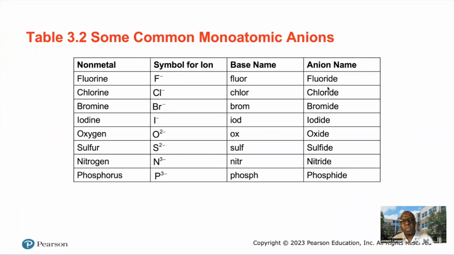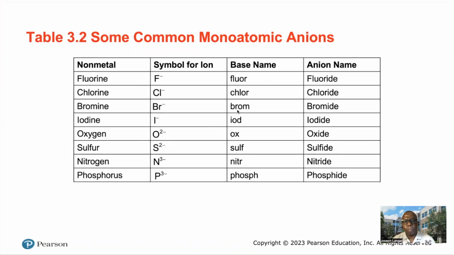You take the base name and add -ide, to form fluoride from fluorine, and chloride from chlorine, and so on from iodine. Remember, this is F, this is Cl, this is Br, this is just I, this is O, this is S, this is N. When they form ions, they form negatively charged ions based on the periodic table. And the most important thing is, how do you name them?